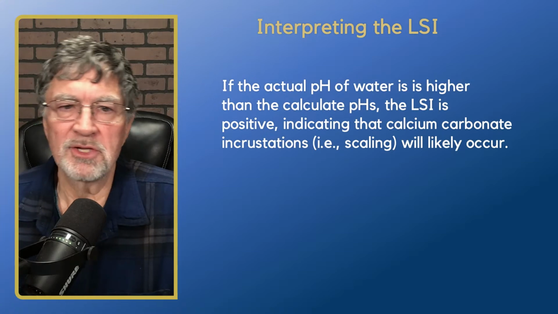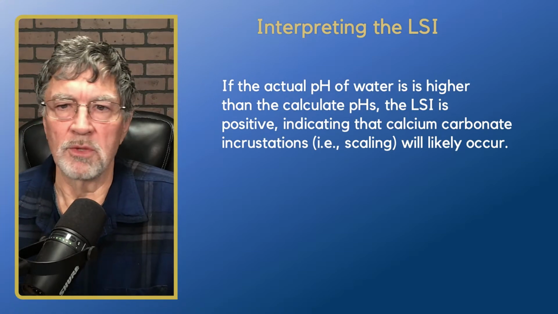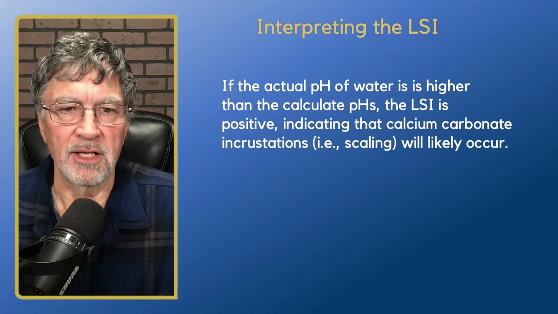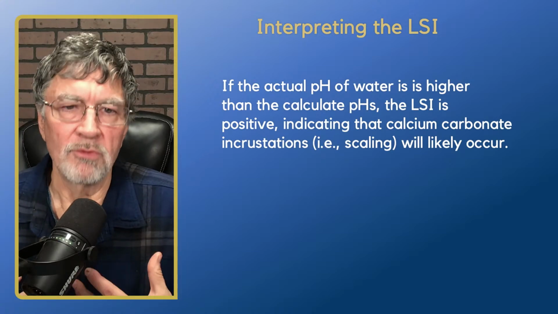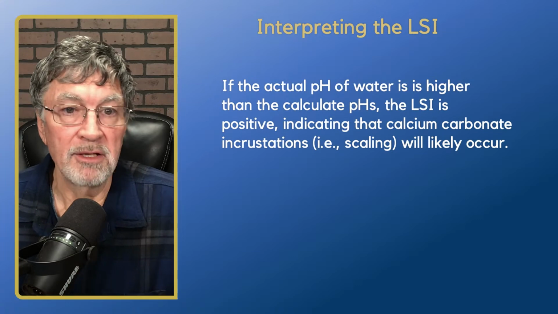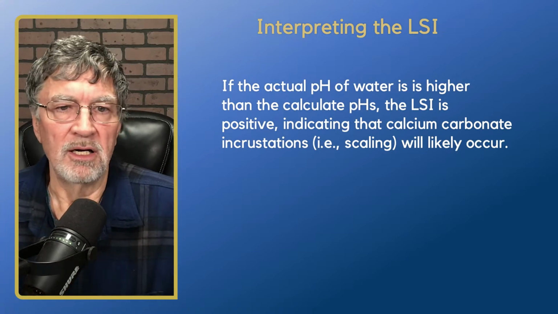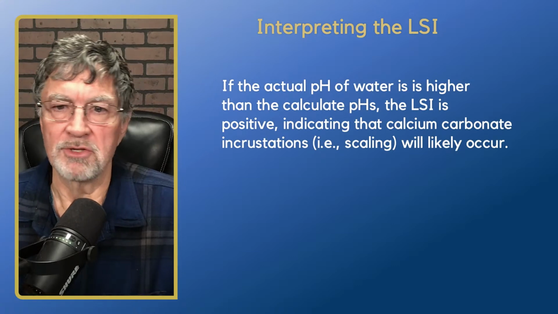So a positive LSI is something you definitely want to pay attention to because that's where you're going to get potential scaling. There's other chemistry we can run to confirm that, but the LSI will give you an indication of that potential trouble.